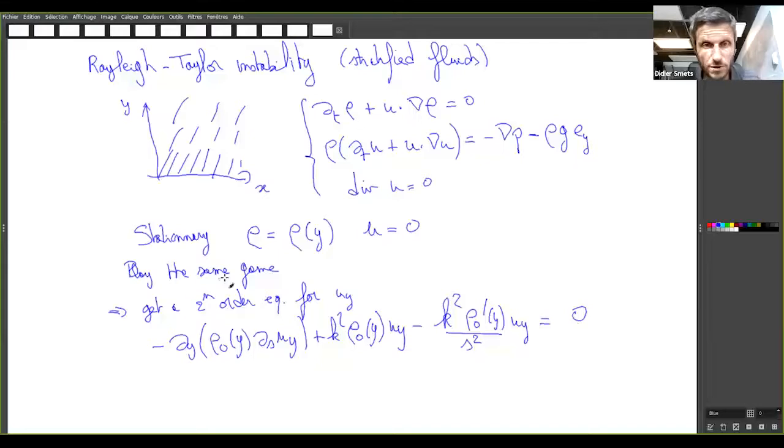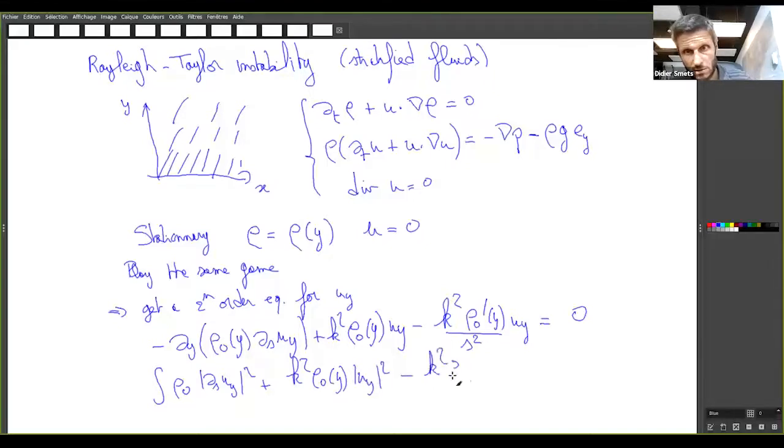Again, you multiply by uy bar, you integrate by parts, and you get this identity: the integral of rho naught dy uy squared plus this positive part remains the same, rho naught of y uy squared minus k squared rho prime uy squared over s squared, okay, is equal to 0. Okay, and again, so this is a rho prime now.